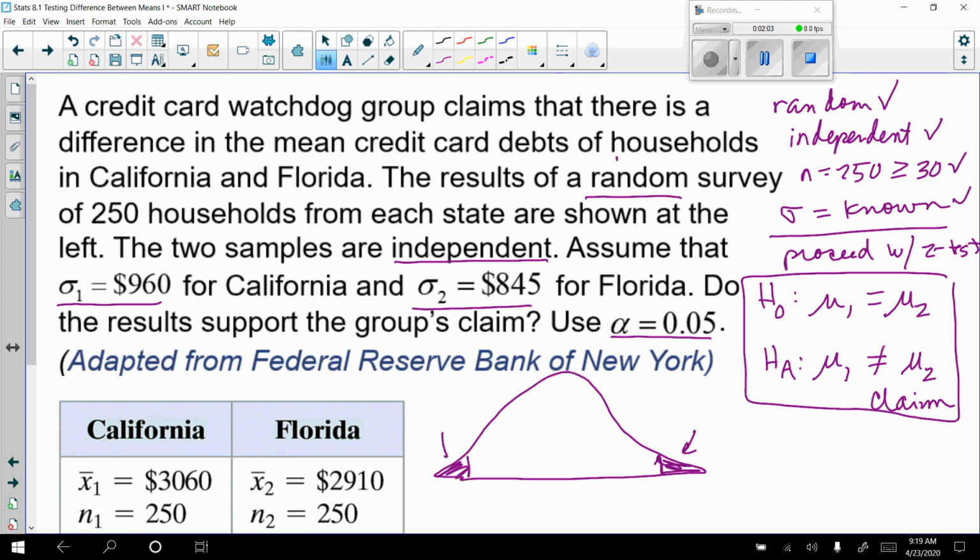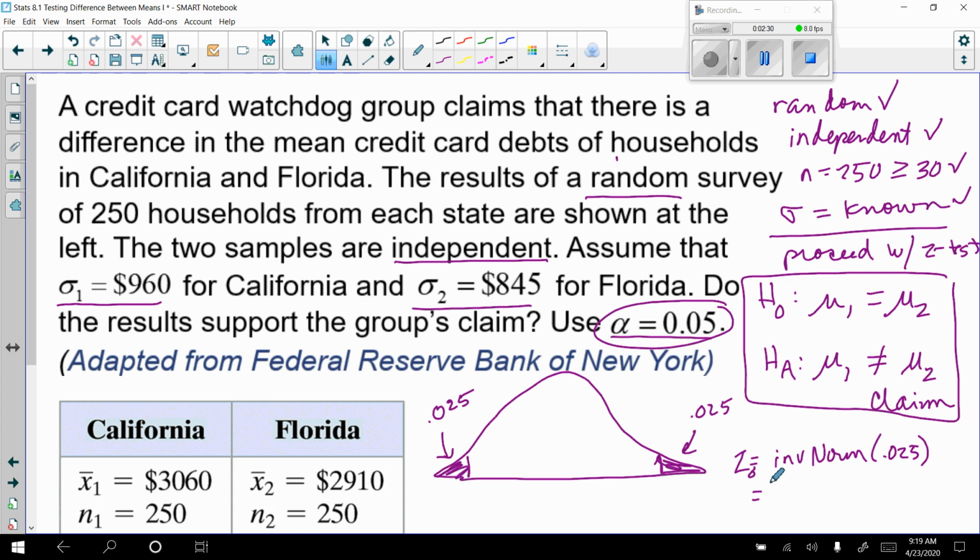And we know that alpha is 0.05, so 0.05 divided by 2 is 0.025 in each tail. If we find the z for that, we do inverse norm of 0.025.